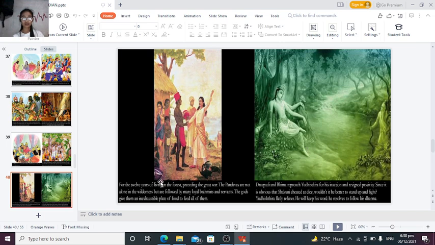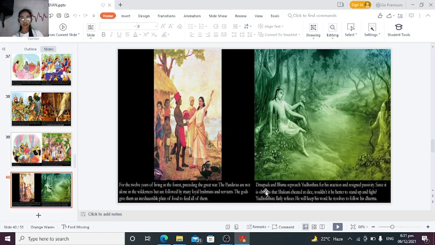So for the 12 years living in the forest, preceding the Great War, the Pandavas are not alone in the wilderness, but are followed by many loyal Brahmins and servants. The gods give them an inexhaustible plate of food to feed all of them.